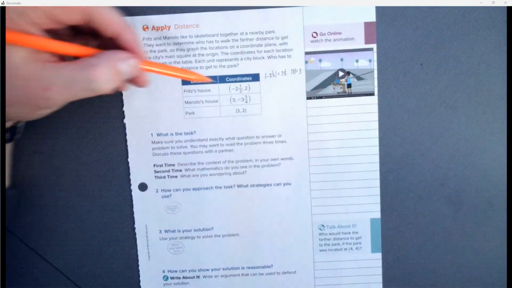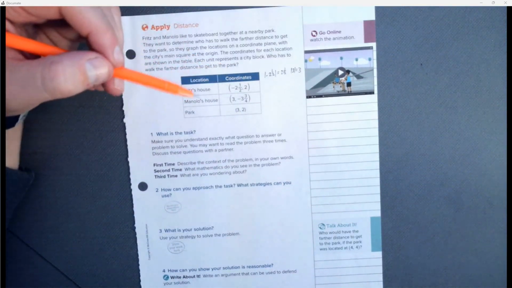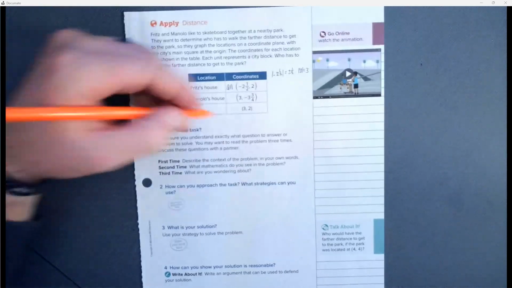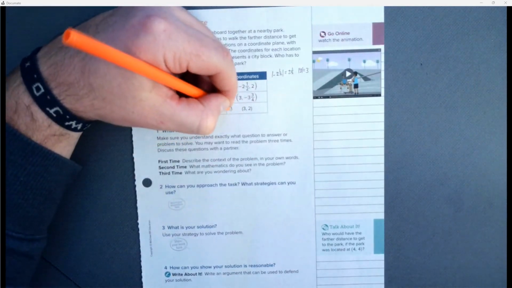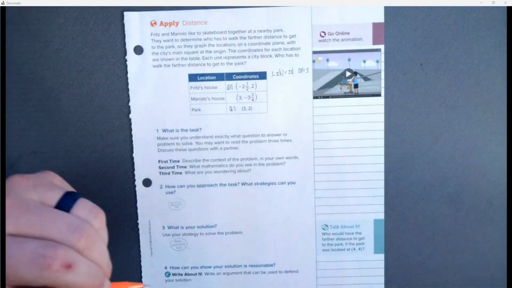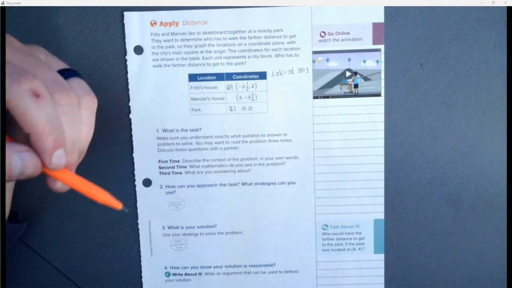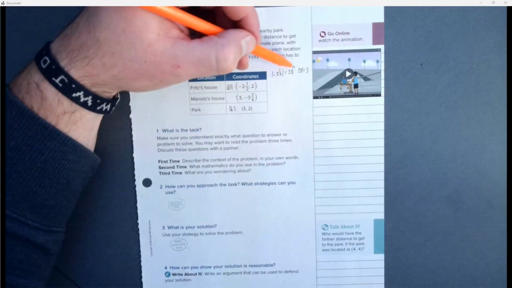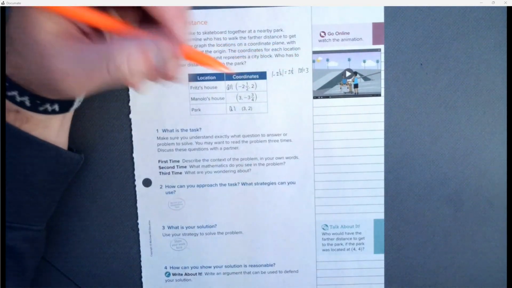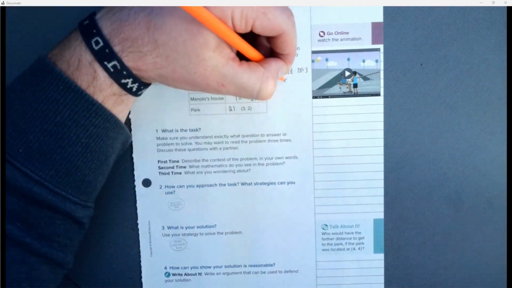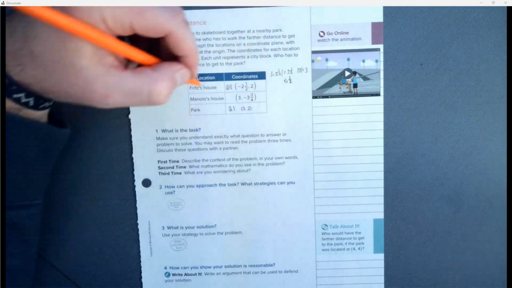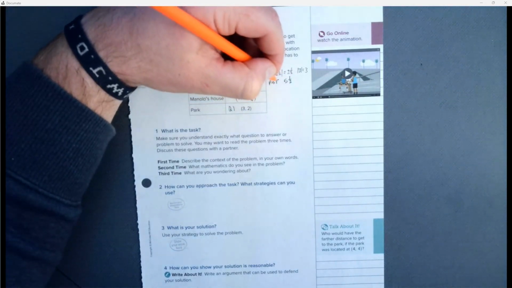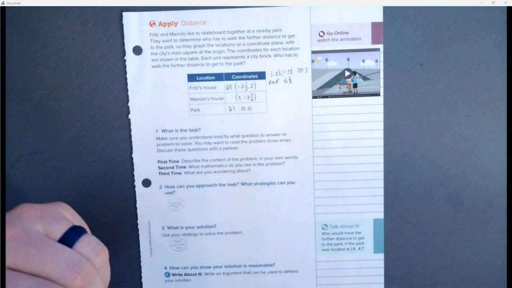Well, Fritz's house is at negative, positive, so we know it's in quadrant 2. The park is positive, so it's in quadrant 1. So they're in different quadrants, so we're going to add our absolute values. So 2.5 plus 3 is 5.5. So the park to Fritz's is 5.5 blocks.